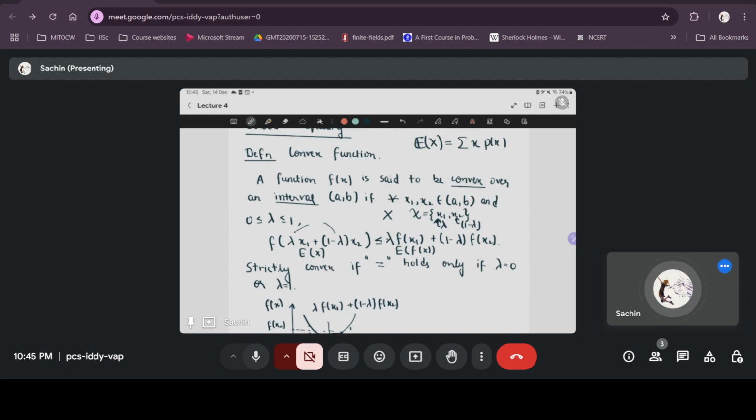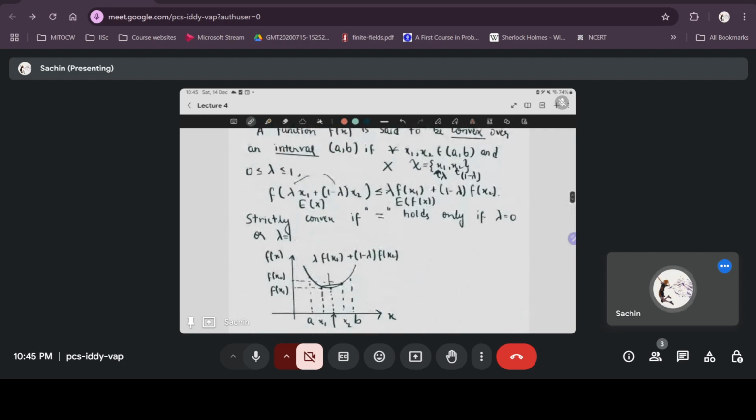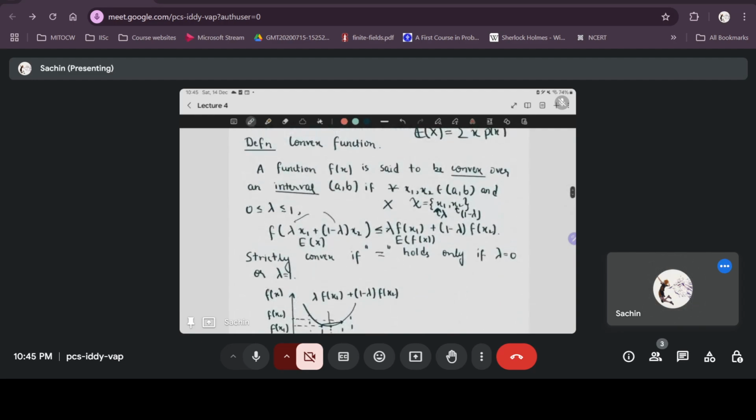So if the random variable takes value x1 with probability lambda and x2 with probability 1 minus lambda, then the function is convex. From the definition of the convex function, it's the same as Jensen's inequality. So Jensen's inequality, you could take it as a generalization of what it means to be a convex function.